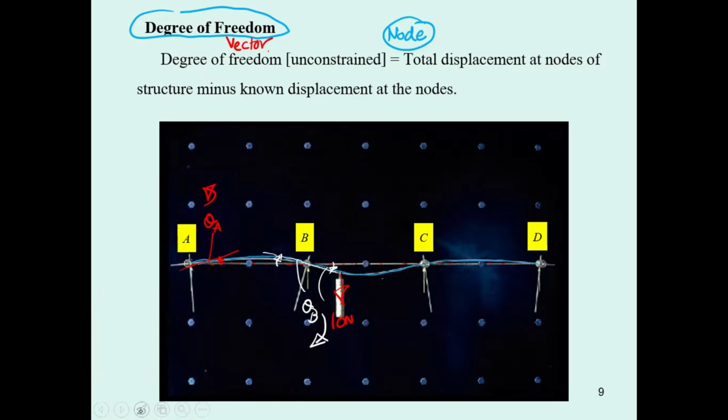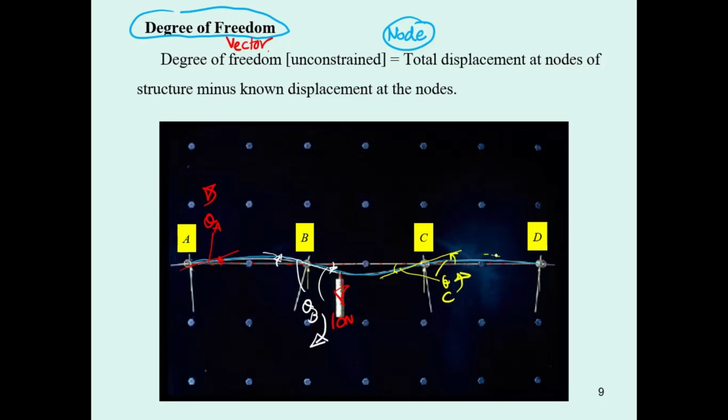Coming to point C, if you draw the tangential line over here, you will have a rotation that is equal to θ_C on the left and on the right, because the joint is a rigid joint, and it is going to rotate in this direction.